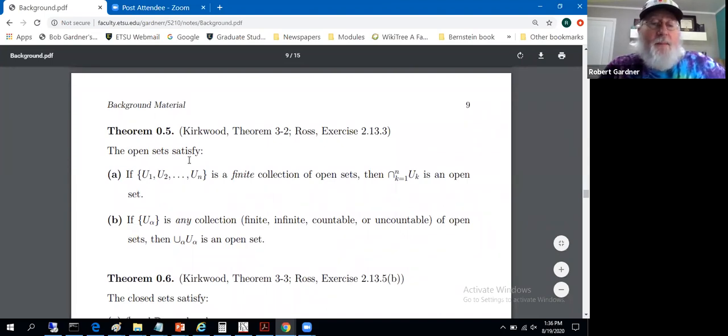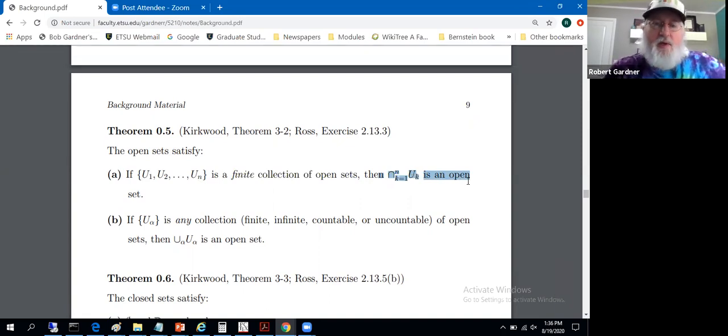Next, consider a bunch of open sets. Let's see, this is a theorem, Kirkwood and Ross. Take U1, U2 up to U sub n to be a finite collection of open sets. The claim is the intersection of that finite collection of open sets is open. I guess Royden excluded this because it's really fundamental, so it's understood to be background.